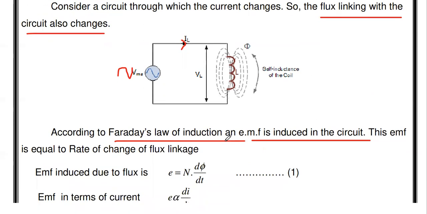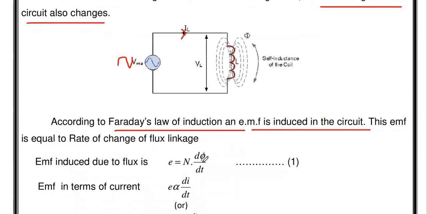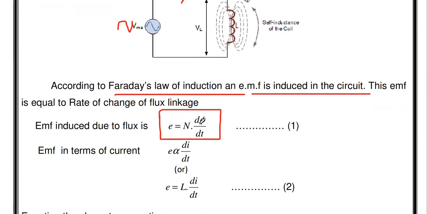That EMF is directly proportional to the rate of change of flux linkage. So the induced EMF E equals N times d phi by dt, where phi is the flux, so d phi by dt means the rate of change of flux. The EMF produced is directly proportional to the rate of change of flux.